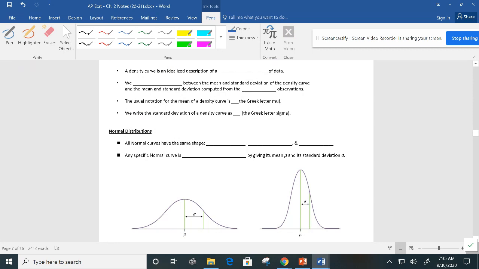A density curve is an ideal description of a distribution of data. It just makes it easier to work with a curve than it does to work with the actual data. So it's like the ideal representation of what we're dealing with. We distinguish between the mean and the standard deviation of the density curves and the mean and the standard deviation computed from the actual observations.